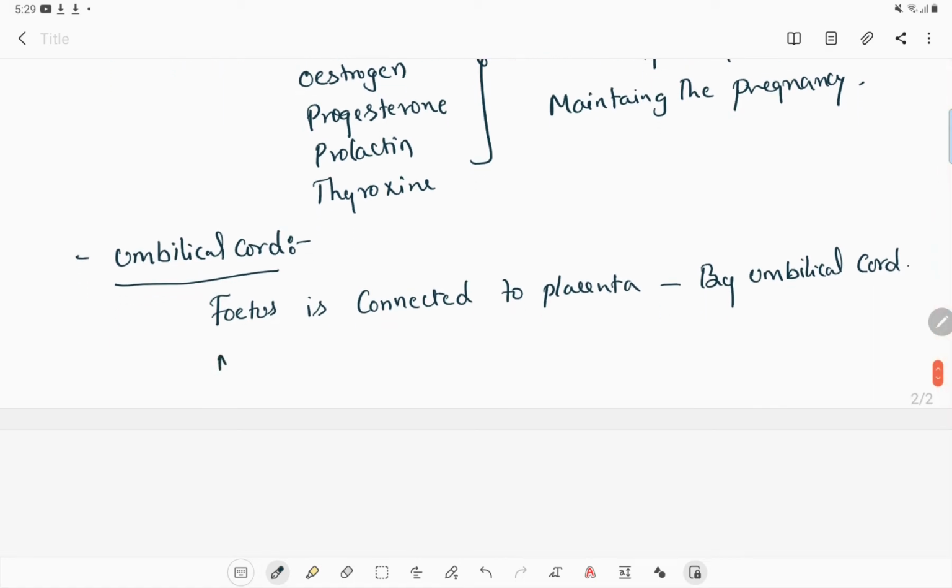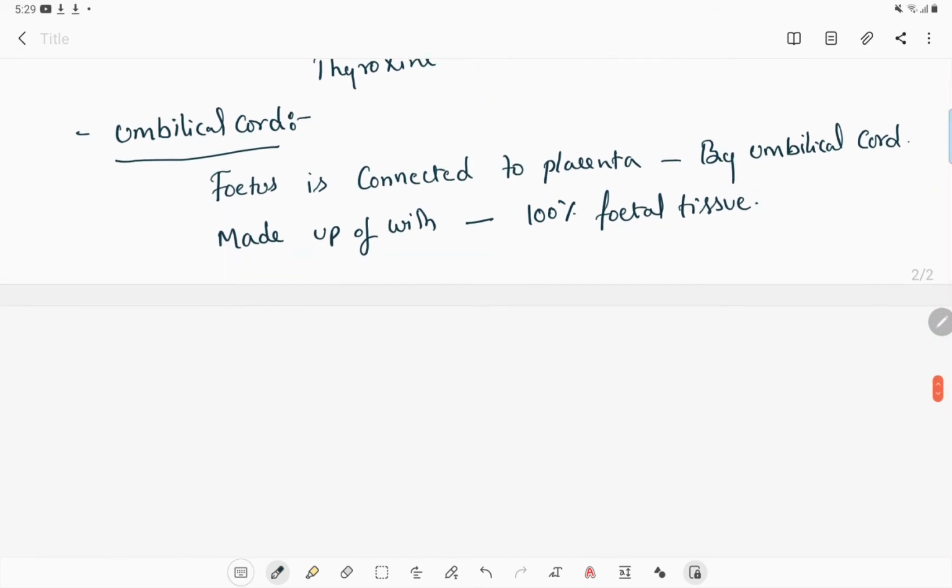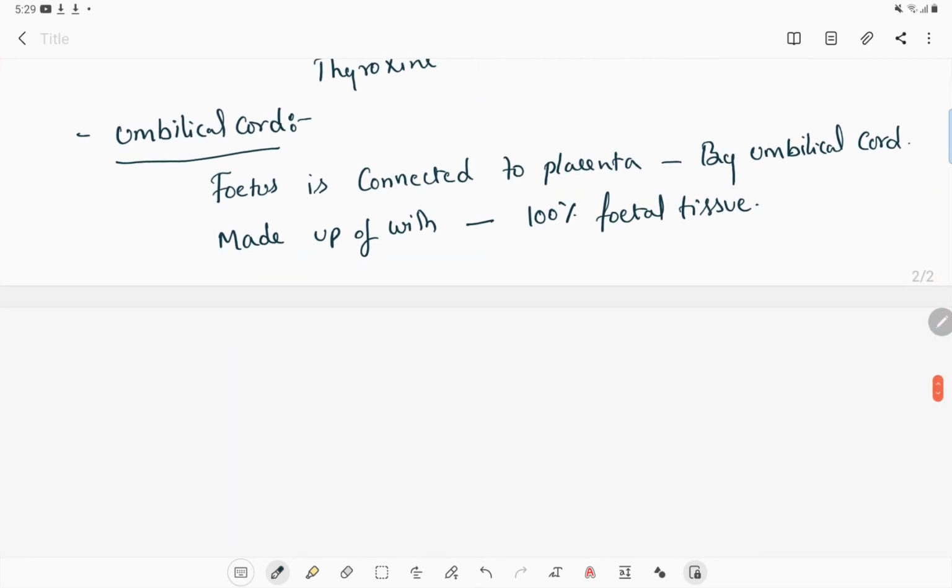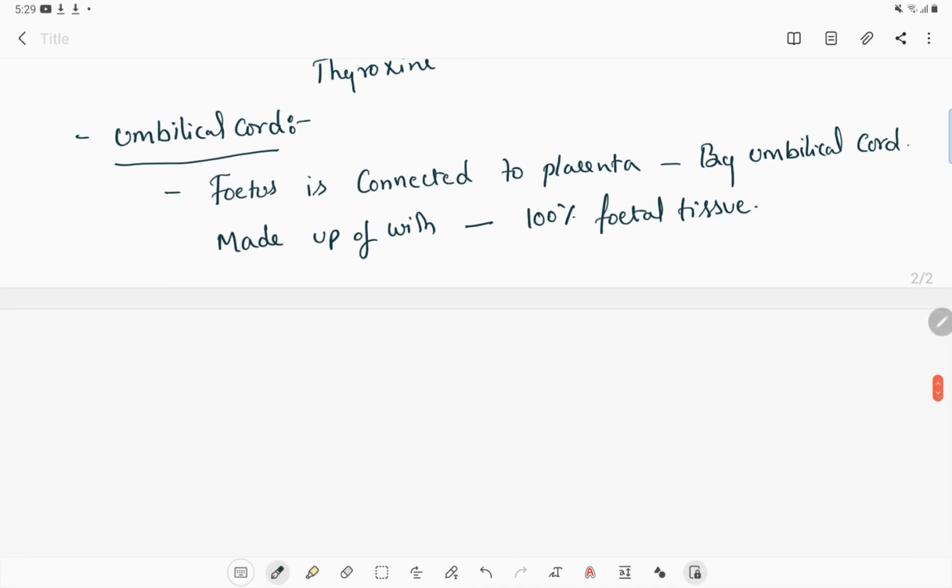So this umbilical cord is made up of 100% fetal tissue. You have to remember one thing here, there is no maternal tissue in the umbilical cord. It contains only fetal blood vessels.